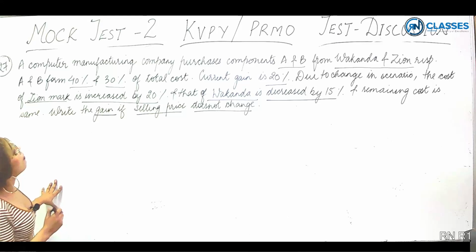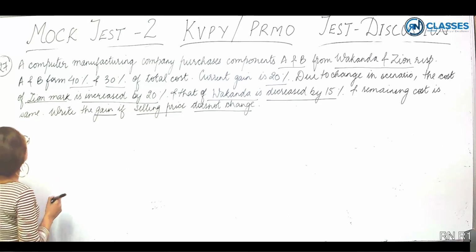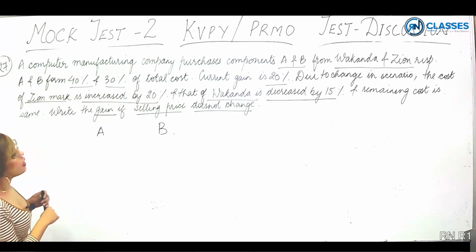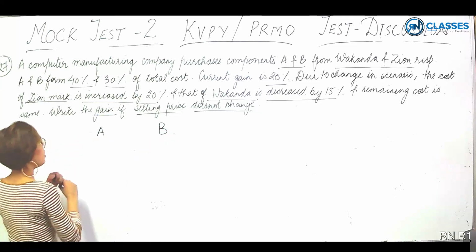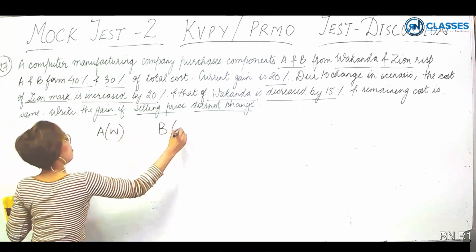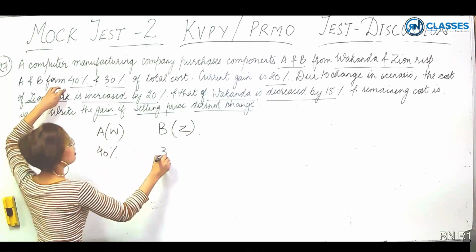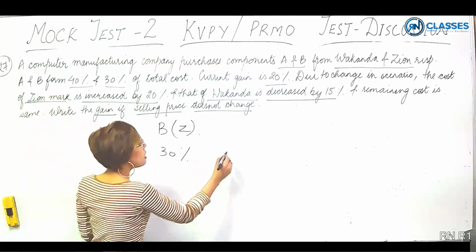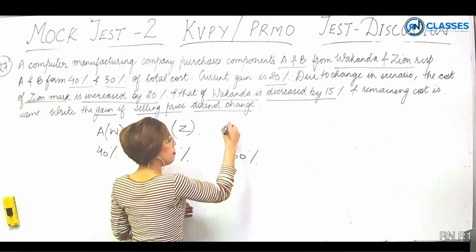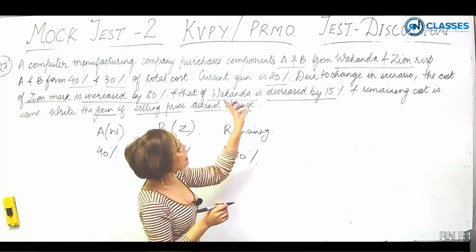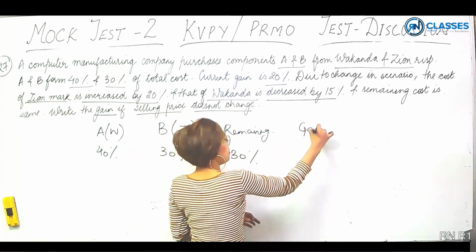Right? So, two components are there, A and B. They are sourced from Wakanda and Zion. Now, this forms 40% of the total cost. This is 30%. So, that means remaining is 30%. Right? Because obviously remaining cost is there. And gain is given to be 20%.